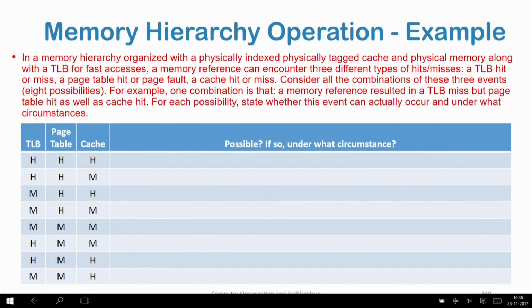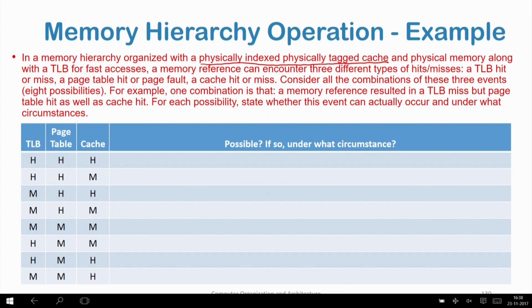In a memory hierarchy organized with a physically indexed, physically tagged cache and physical memory along with a TLB for fast accesses, the cache is addressed by the physical address. It is not using virtual addresses to address the cache.